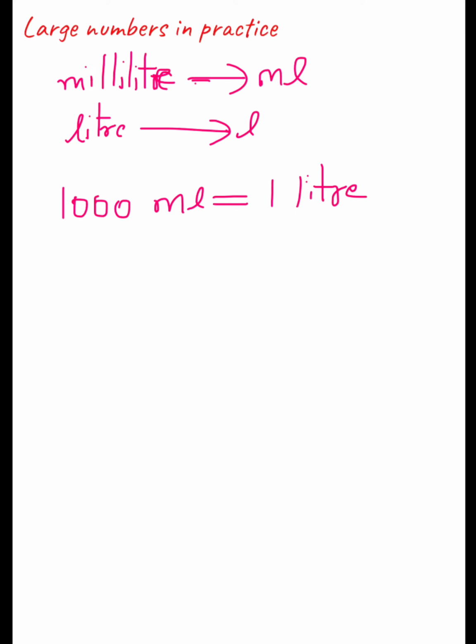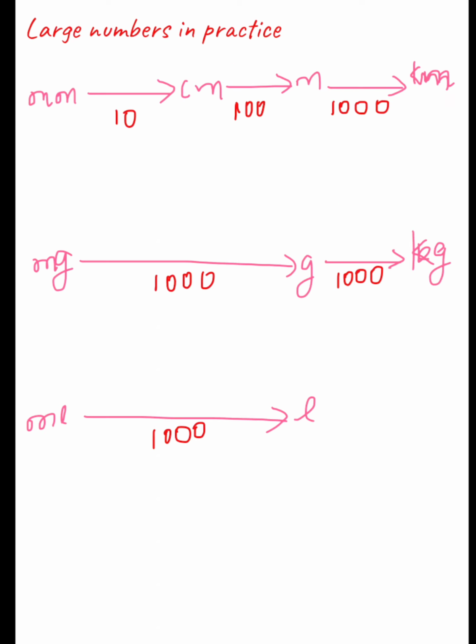Now let's conclude all the units, that is units of length, weight and capacity. When considering the unit of length, which one was the smallest one? Millimeter. The next one is centimeter, then meter, then kilometer.